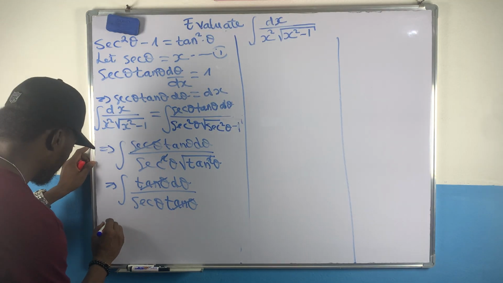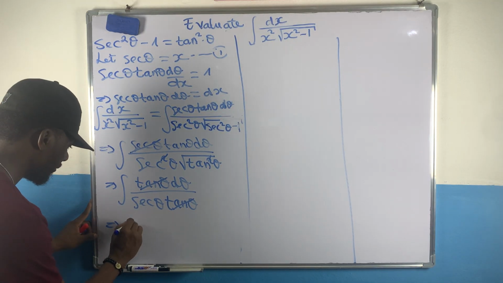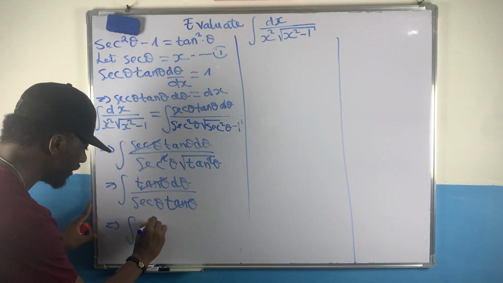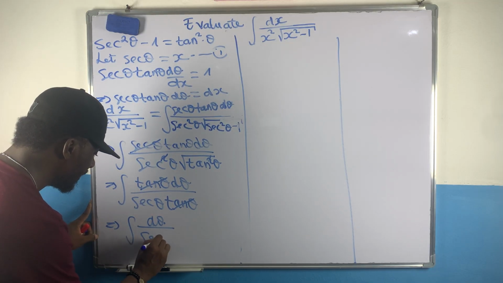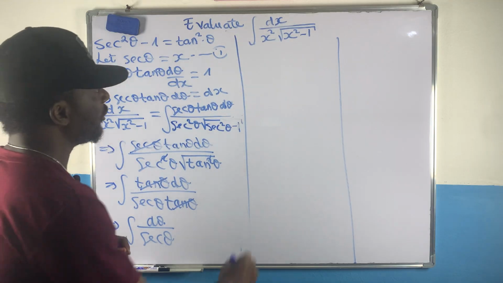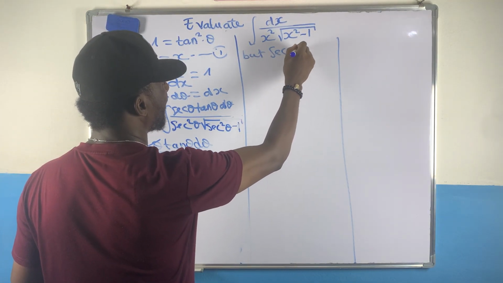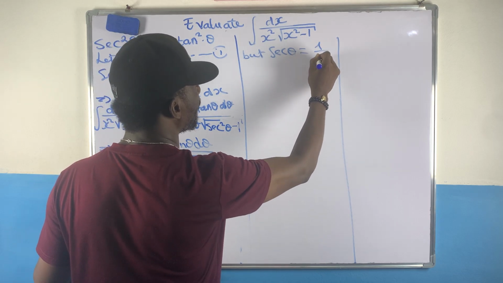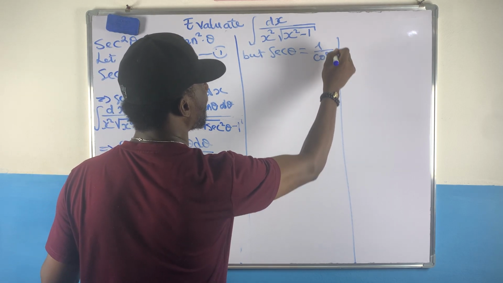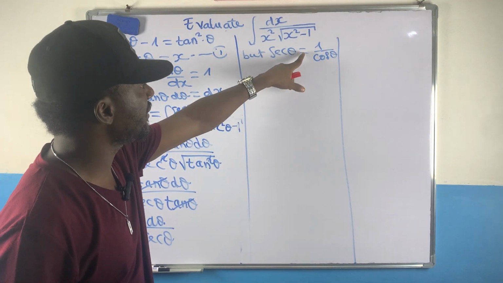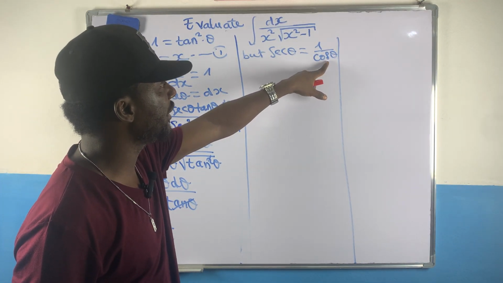We are going to be left with the integral of d theta all over sec theta. Now, sec theta is the same as 1 all over cos theta. Recall that sec theta is the same as 1 all divided by cos theta.